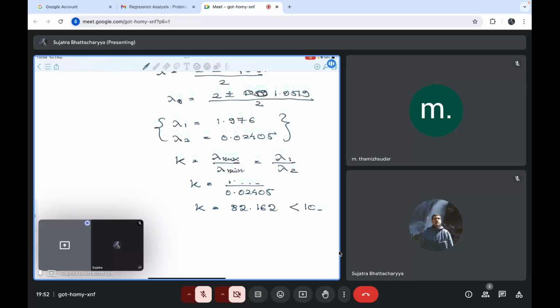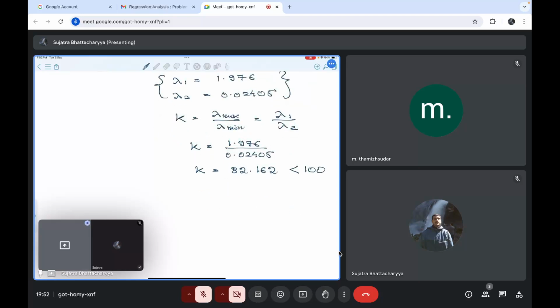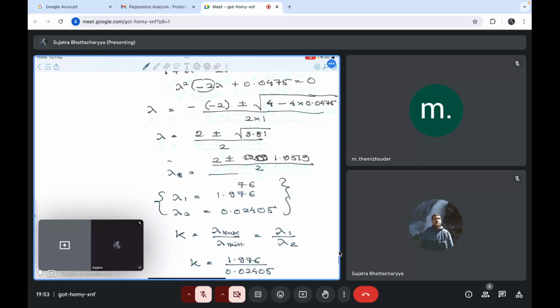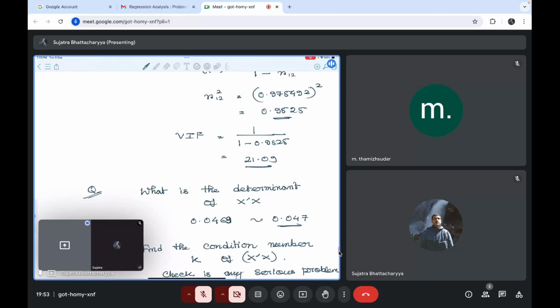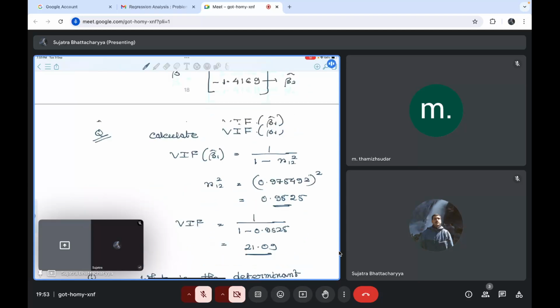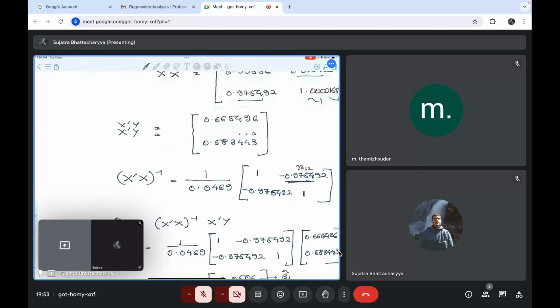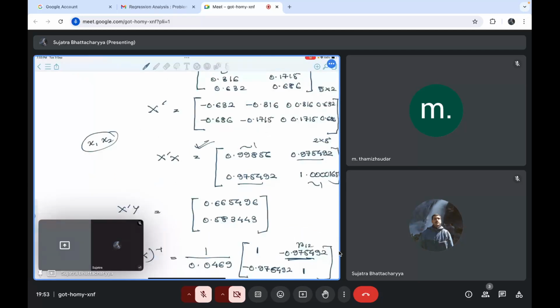So the criteria, you remember: K less than 100 means no serious problem. In the eigenvalue case you are getting no serious problem, meaning multicollinearity exists but is not serious. But using variance inflation, you can see 21.7, so certain multicollinearity is there. And the correlation comes out to be about 0.97, which is greater than 0.9.